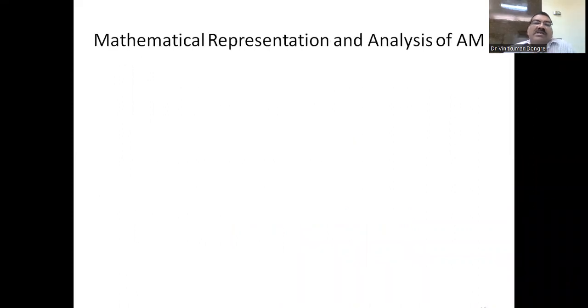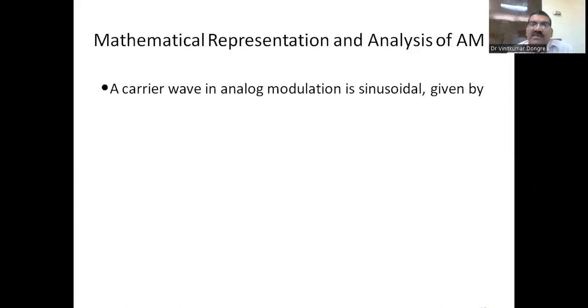Now we will go for the mathematical representation of the AM wave. It is a simple concept. It needs a few basic signals and systems concepts, and sinusoidal trigonometry. The carrier waveform is represented by small ec, where capital Ec is the amplitude.